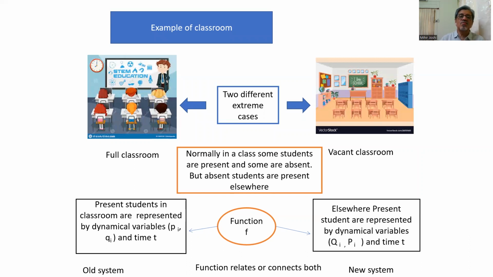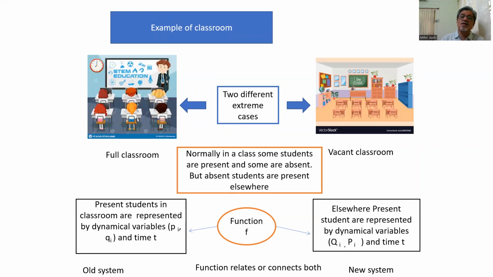Normally, in a classroom, some students are present and some are absent, but the absent students are present somewhere outside the classroom. Let us assume the students present in the classroom are represented by the variables small q, small p, and t.